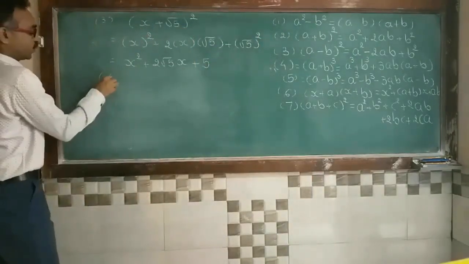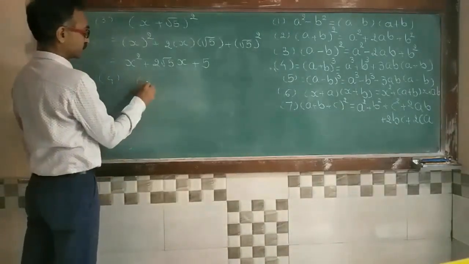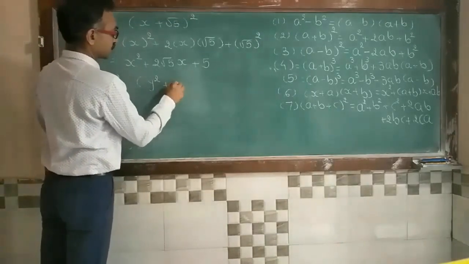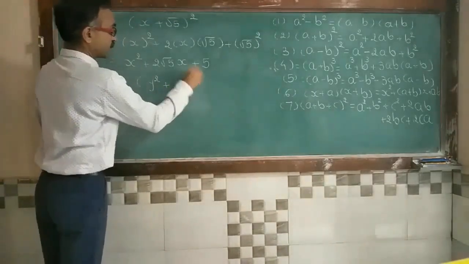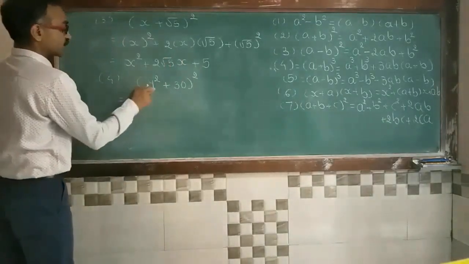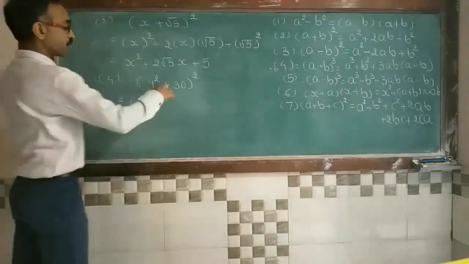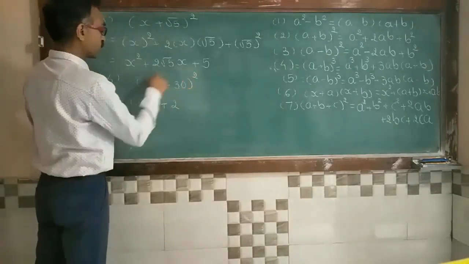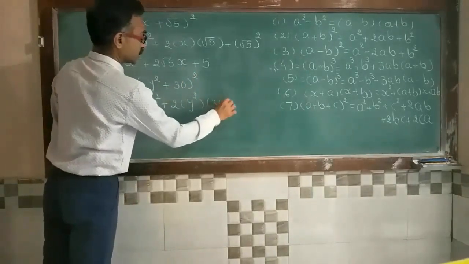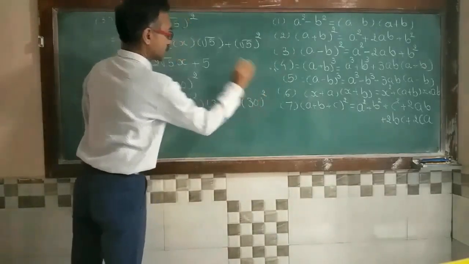Okay. Now the fourth one is, suppose you are given y square plus 30 whole raised to square. So the answer is square of the first term, y square whole raised to square, plus multiplication of all the three terms, 2 into y square into 30, plus 30 square.